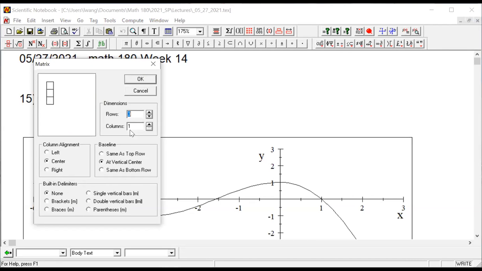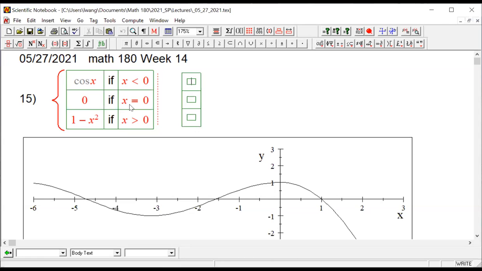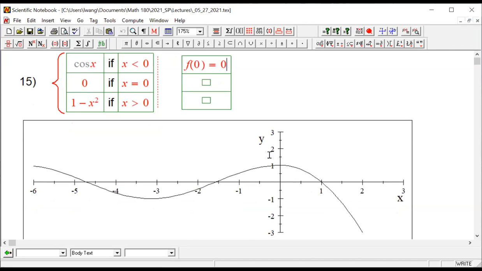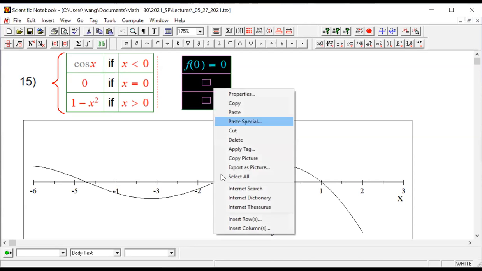Since the only problematic point we have here is f of 0, what is f of 0 equal to? 0. That's right. So when the input is 0, (0, 0) is a dot.